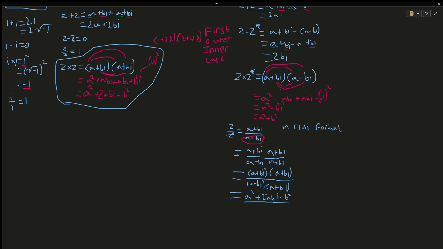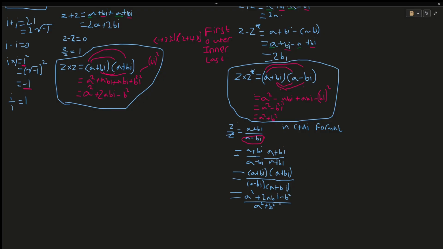And this will be over a minus bi times a plus bi, which we've done earlier here. So that's a squared plus b squared.